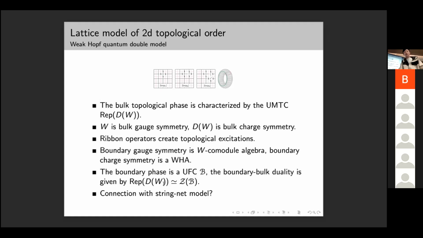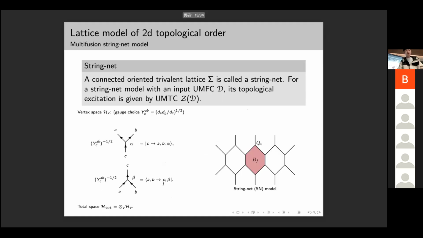And we guess that this is equivalent to the string model with the input as Rep W. But we know that for Rep W, for a given algebra, its representation category is usually a unitary multifusion category, not a fusion category. So in this case, we need to consider the multifusion string model.